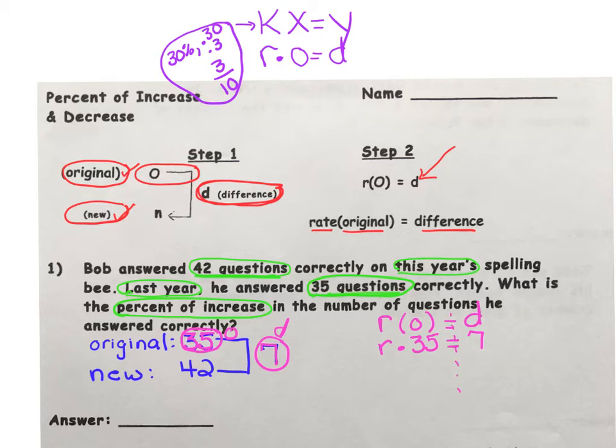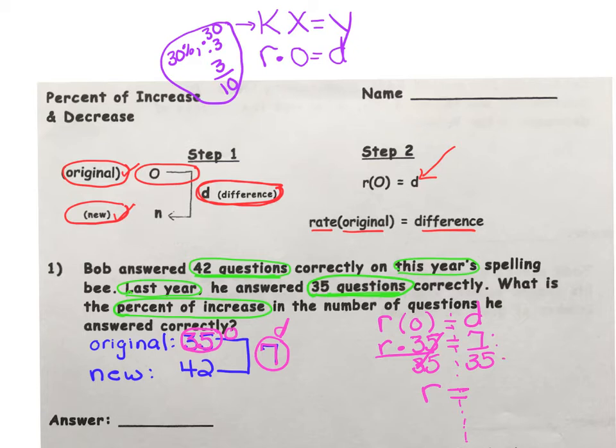Let's drop a dotted line down our equation and solve for the variable r. We're going to divide both sides by 35. R equals, now go ahead and grab your calculator, punch in 7 divided by 35.